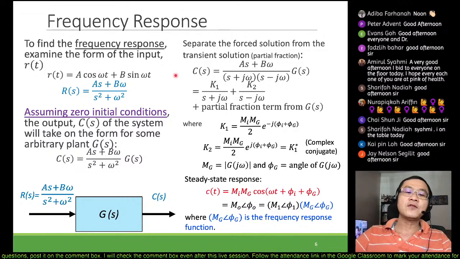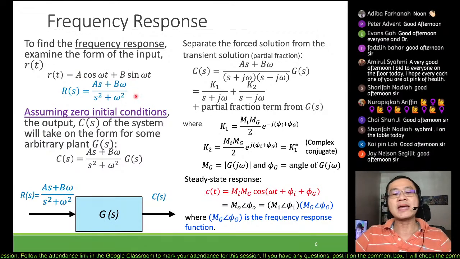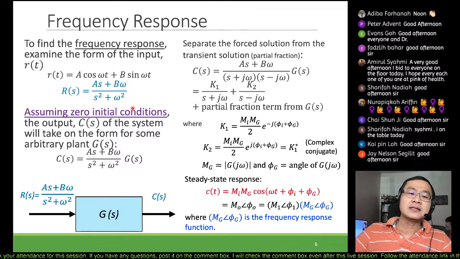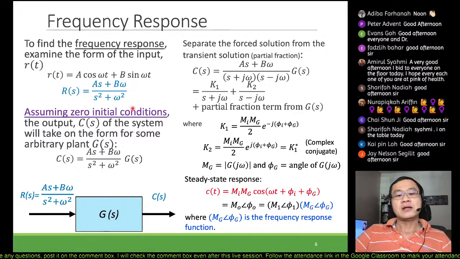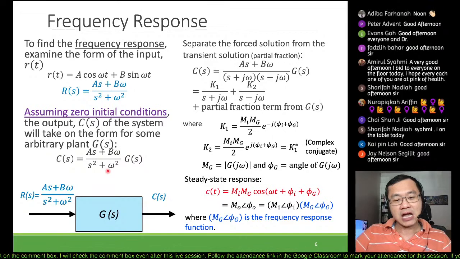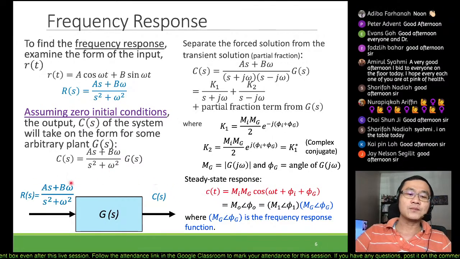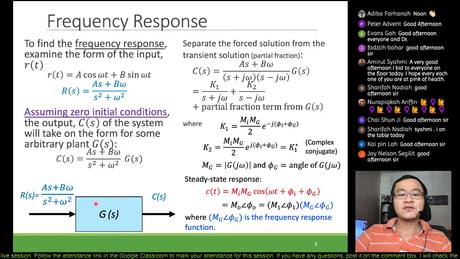So we just keep this as our initial general form of the input. When we take the Laplace transform, we will get these terms, which equal as plus b omega divided by s squared plus omega squared. Taking into consideration that the initial conditions are 0, the output, which is C(s), will be very straightforward: our input multiplied by whatever our transfer function is gives us the output.